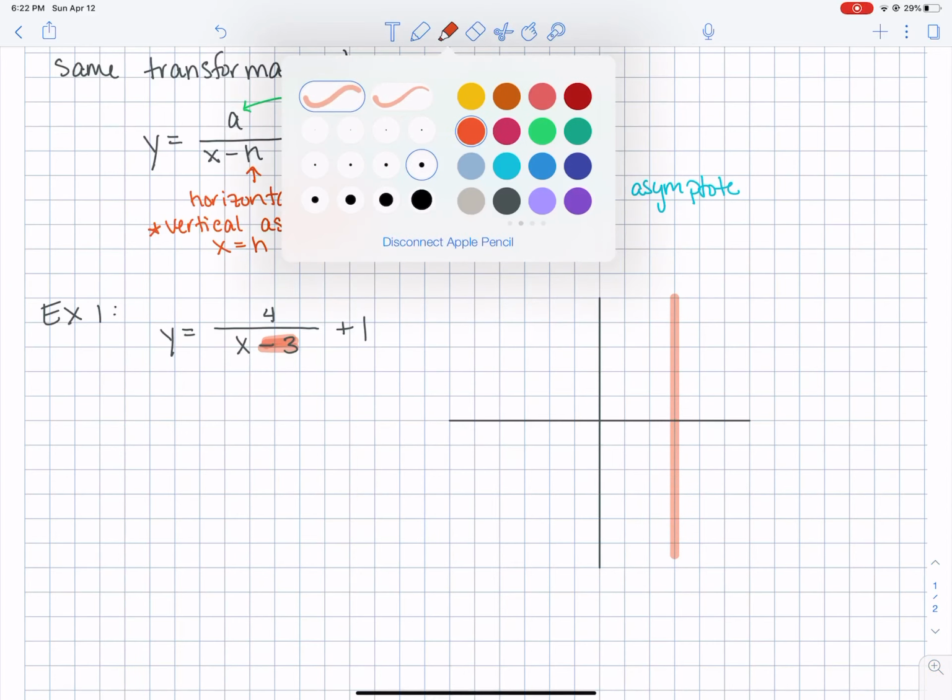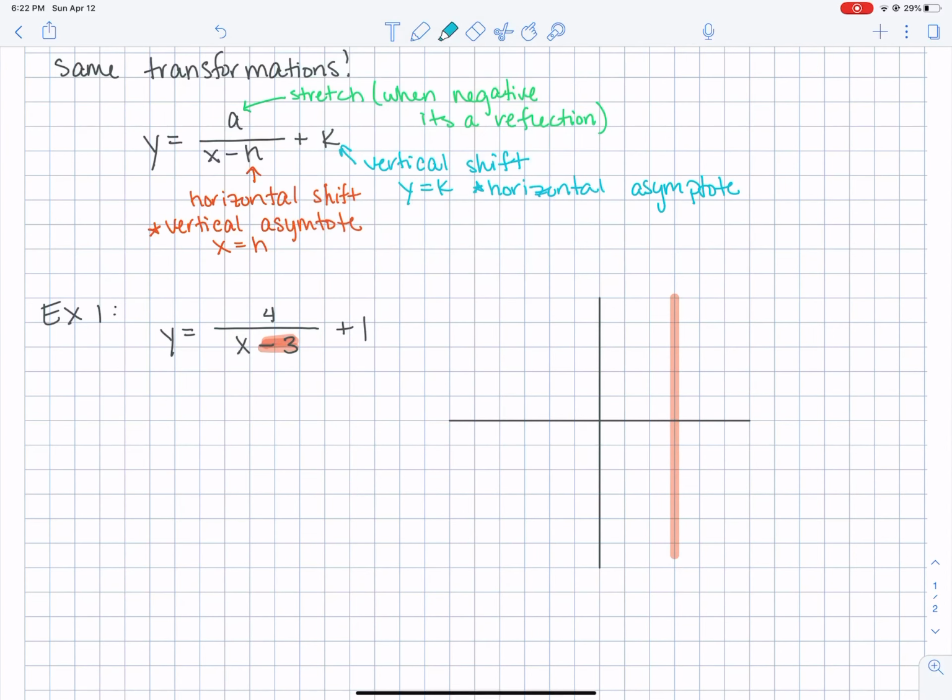Now I want to work with +1 for my horizontal one. So y equals 1 here is my horizontal asymptote. Now I've put them in highlighter, but we usually do this with our dashed lines.